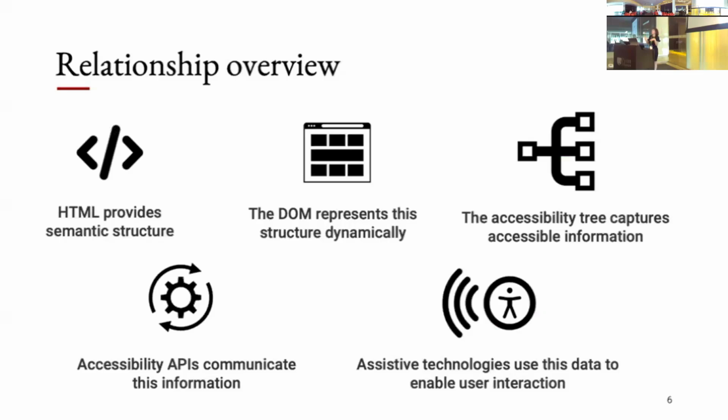Browsers have accessibility APIs, your operating systems have them, but it's basically just a way to let the information on a web page and assistive technology interact with each other. So once an assistive technology gets all of that information exposed to it, it can then interact with that website.